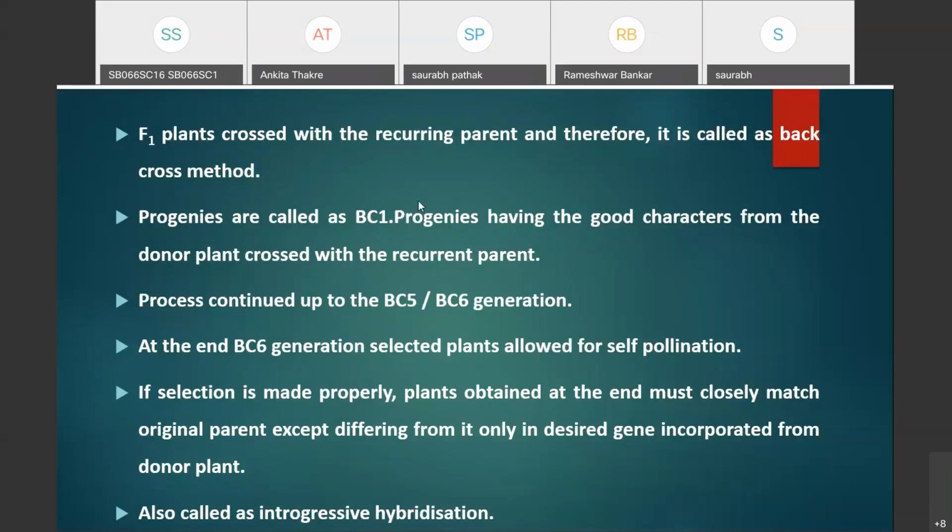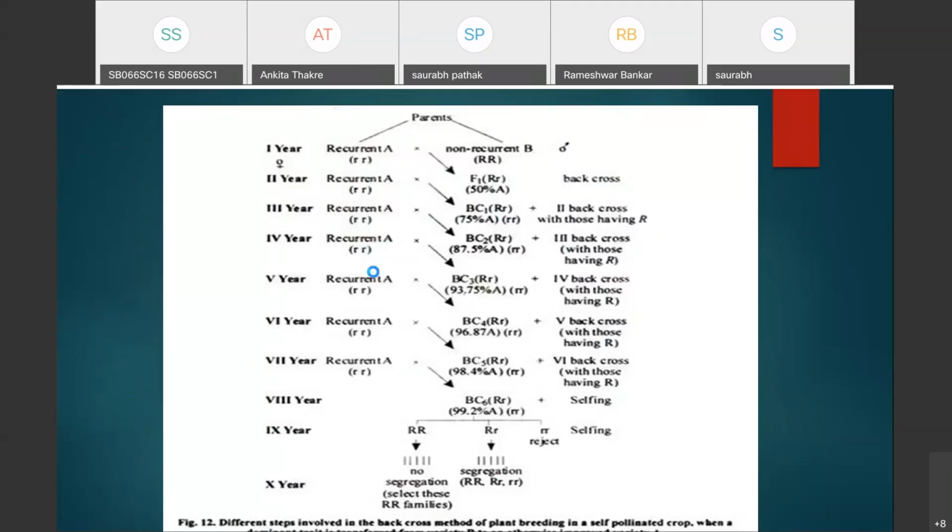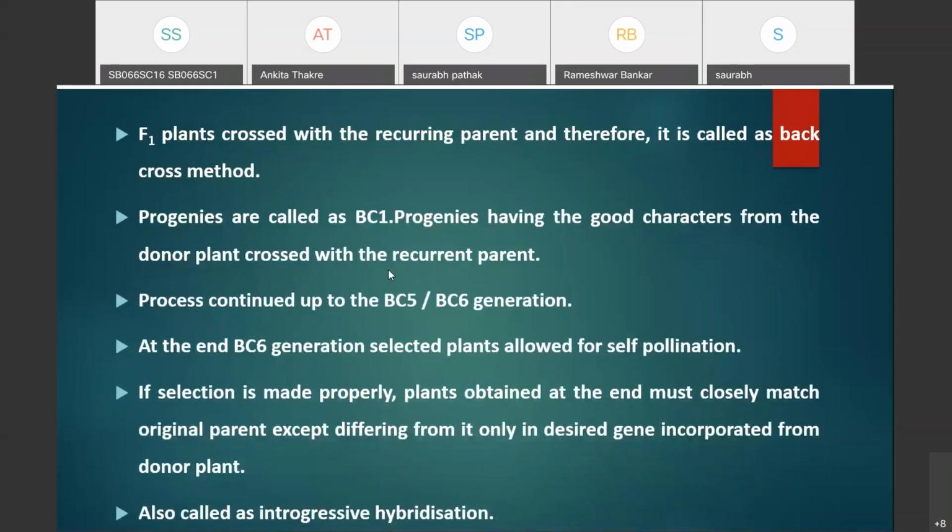That means progenies with disease resistance are again crossed with the recurrent parent, to recover all the genes and all the good characters of the recurrent parent, or the recipient parent.